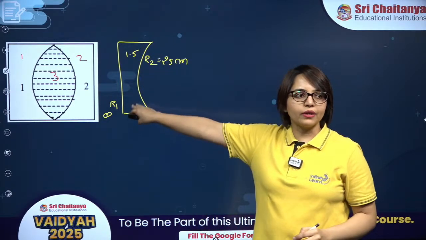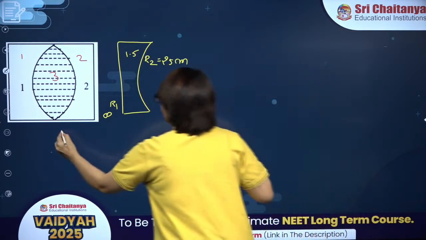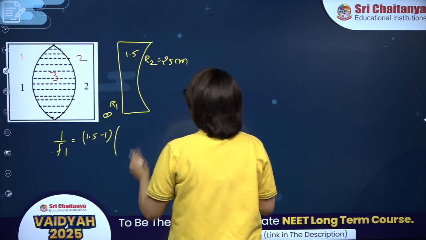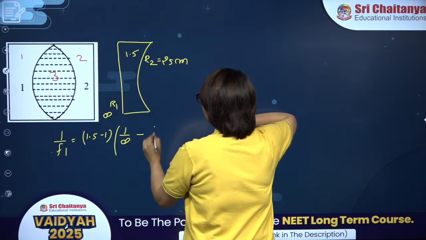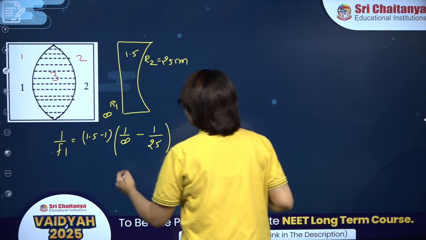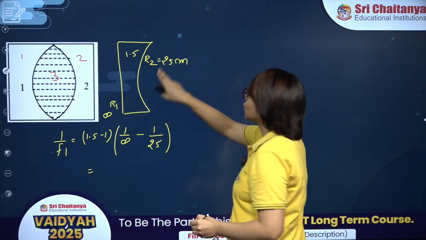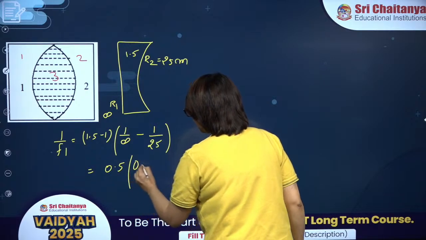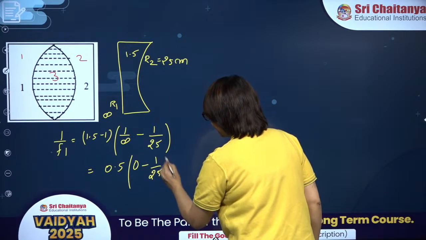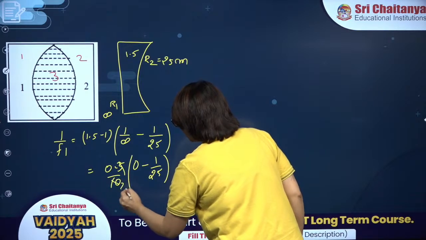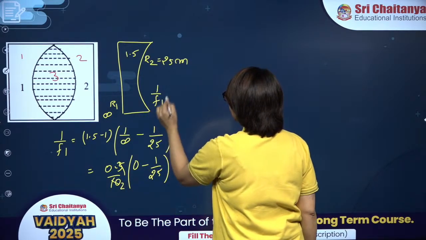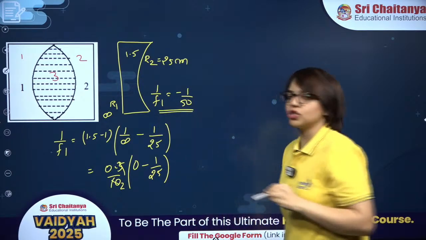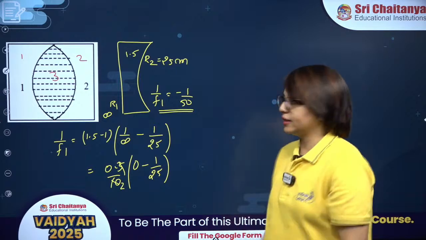So let's say focal length of this one is f1, 1 by f1 is mu minus 1 into 1 upon r1 minus 1 upon r2. Right, so r1 is infinite, r2 is 25 centimeter with positive. So it is 0.5 times 1 upon infinity, 0, minus 1 upon 25. So 1 upon f1 in this one is minus 1 upon 50. This is the first information that we need for the equivalent focal length.